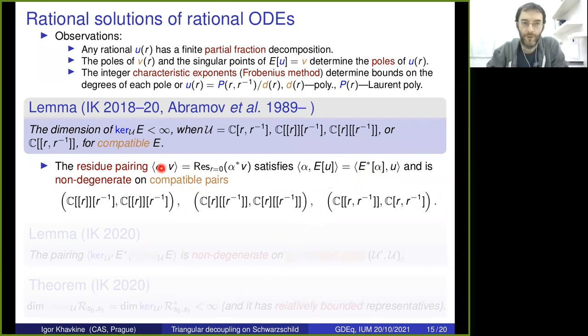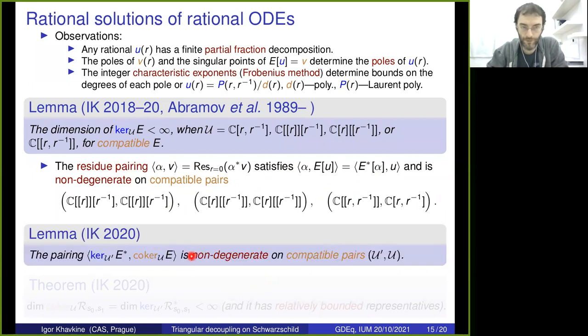And using this pairing and the fact that it's non-degenerate, you can prove a lemma that the induced pairing between the kernel of a rational differential operator and its co-kernel, acting on compatible pairs of Laurent series, where on one side you have the operator and on the other side you have the adjoint of that operator, is also non-degenerate.